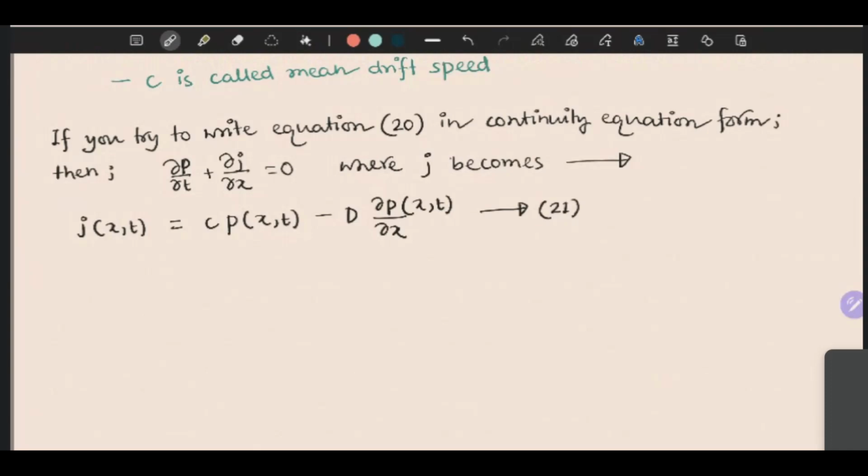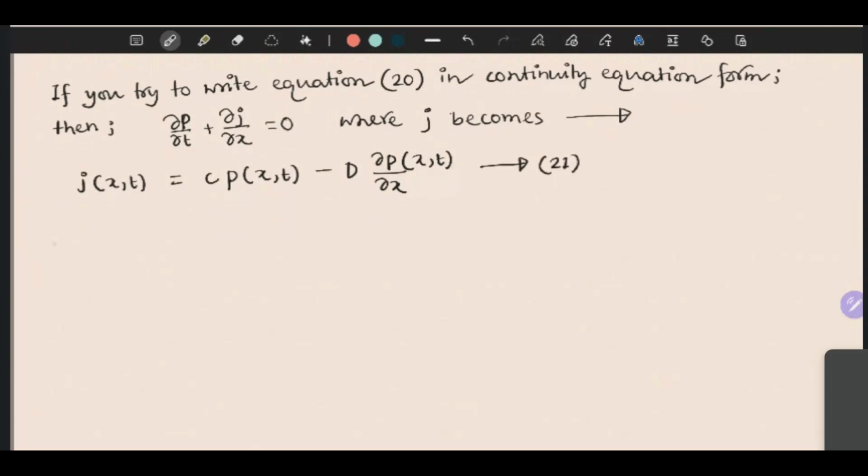Now this ratio d by c is a natural length scale in the problem.